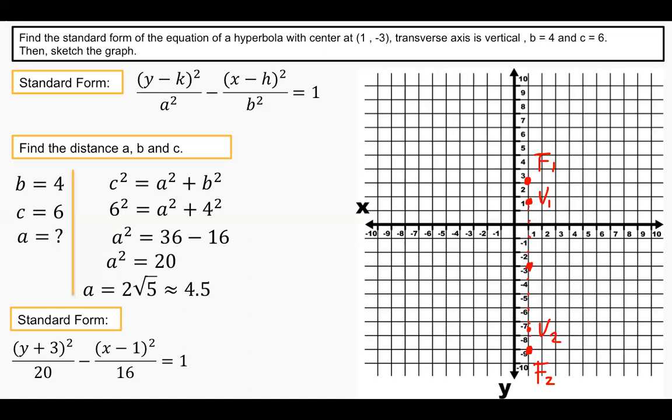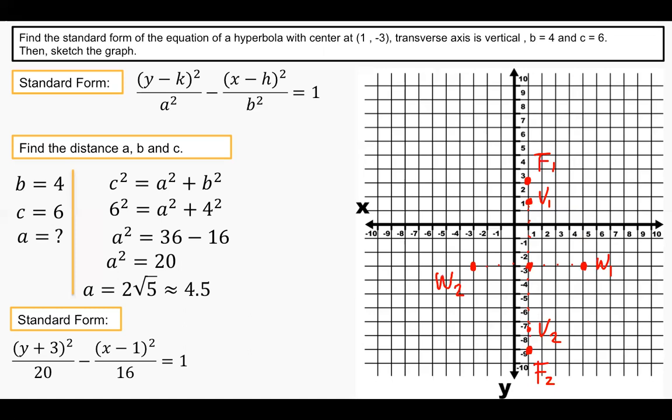Then use the value of b as 4 to locate the co-vertices. So I will count 4 units to the right and left of the center. That's 1, 2, 3, 4. This is co-vertex 1. And another 4 units to the left side of the center. It's 1, 2, 3, 4. This is our co-vertex 2.